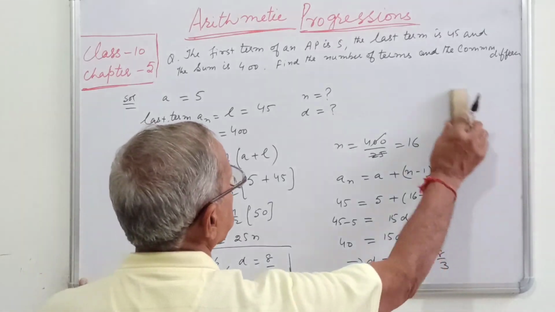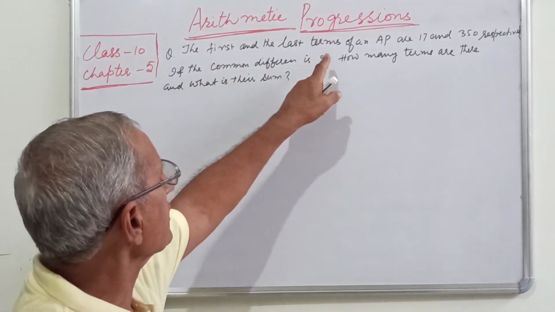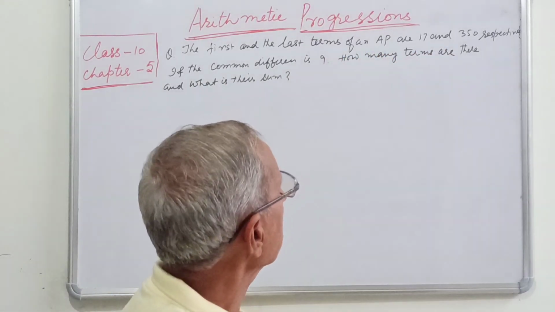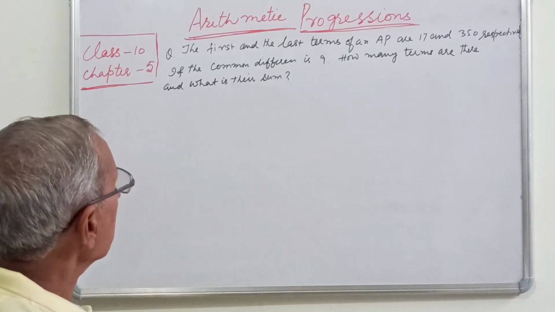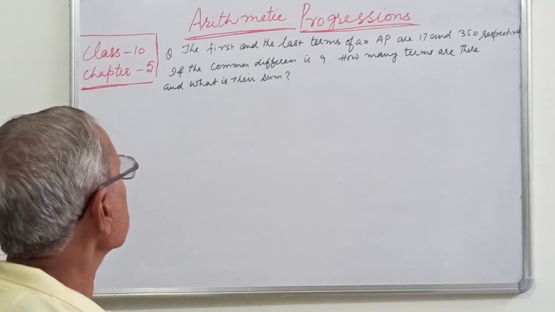Next question. The next question here is the first and the last term of AP are 17 and 350 respectively. If the common difference is D, how many terms are there and what is their sum?